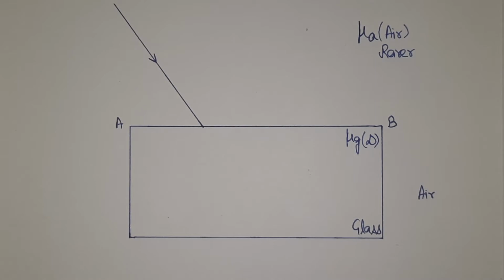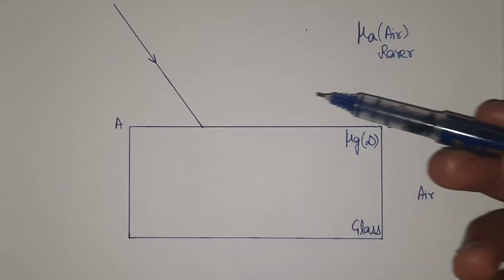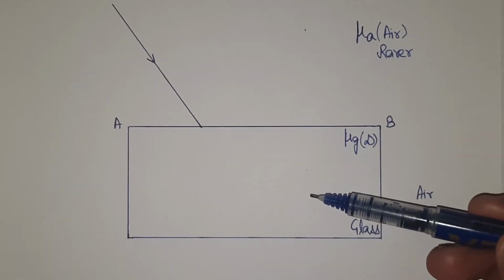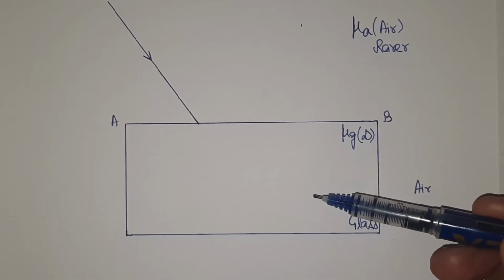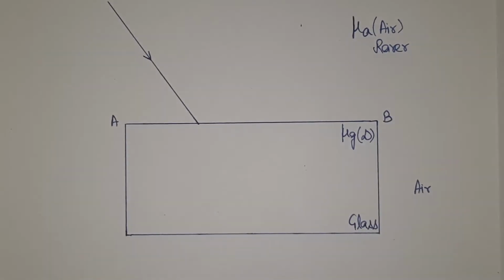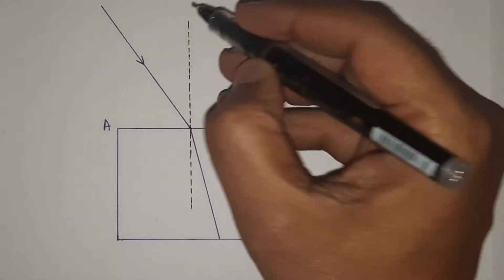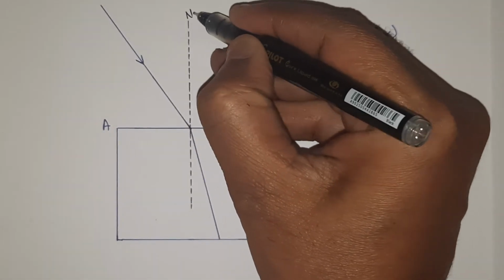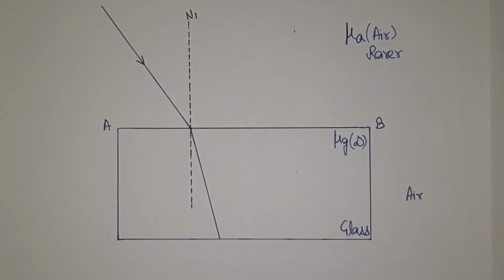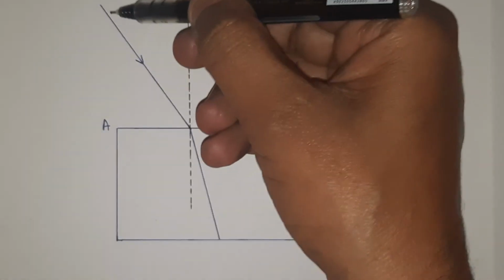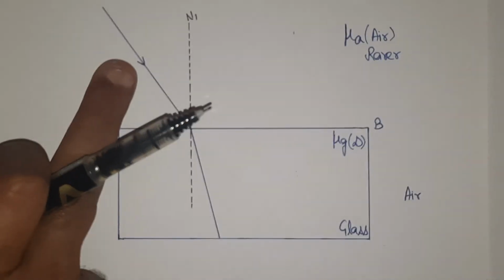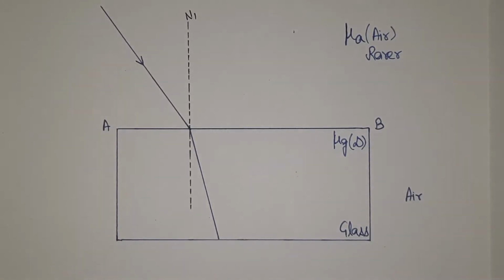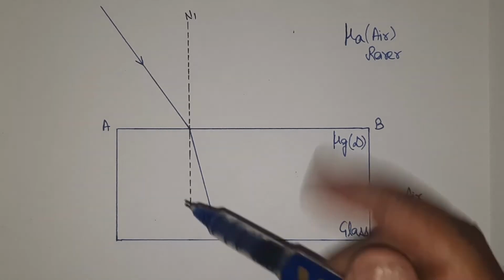Now as the ray is going from rarer to denser medium, it will be going towards the normal. This is the normal drawn on the face AB, N1, the first refracting surface. The ray, as it is going from rarer to denser, is moving towards the normal.